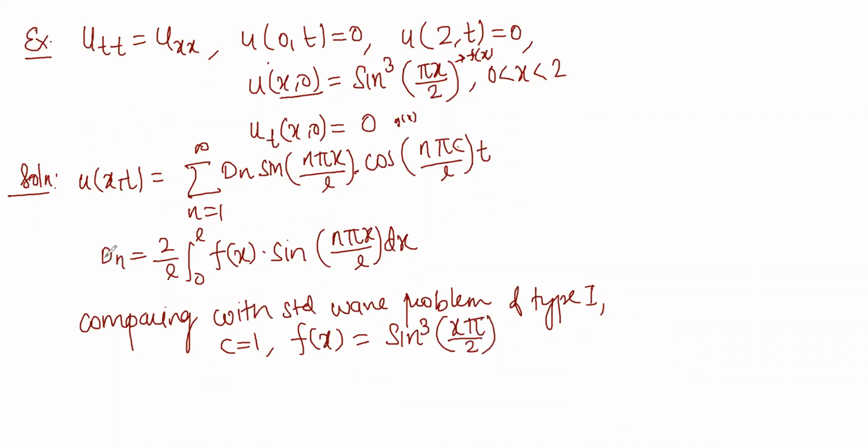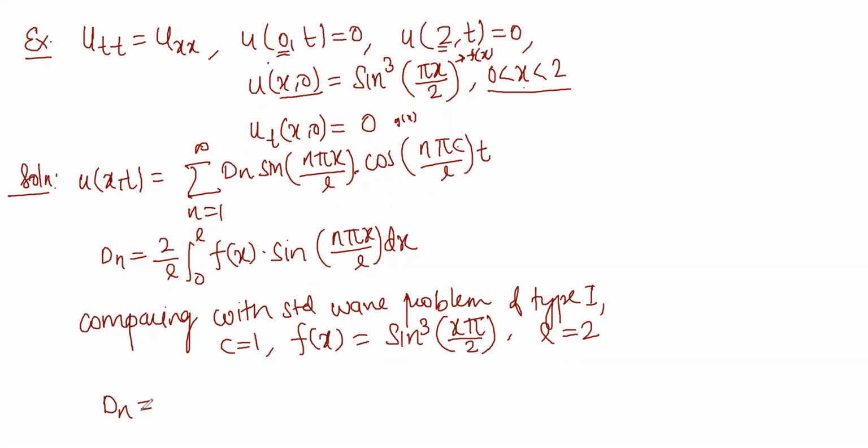Now let's find this d_n first, because once we find d_n, the rest of the things will automatically follow. One more thing, the length is 2. This part will give you the length. In fact, if it is not given, then it starts from 0 and ends at 2, so the length must be 2, that is 2 minus 0, nothing else.